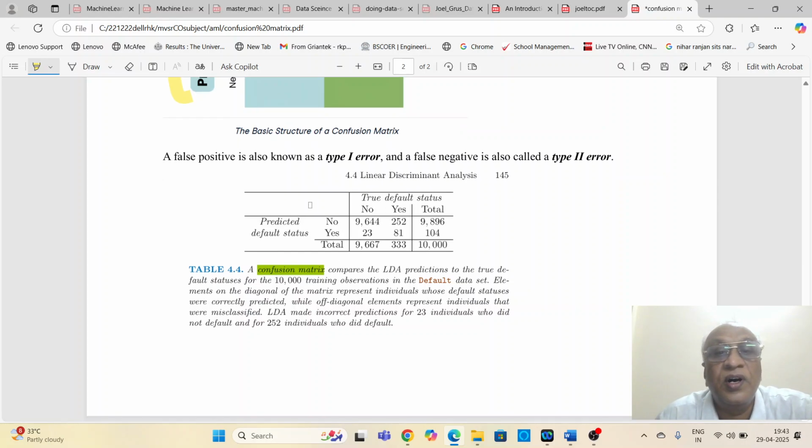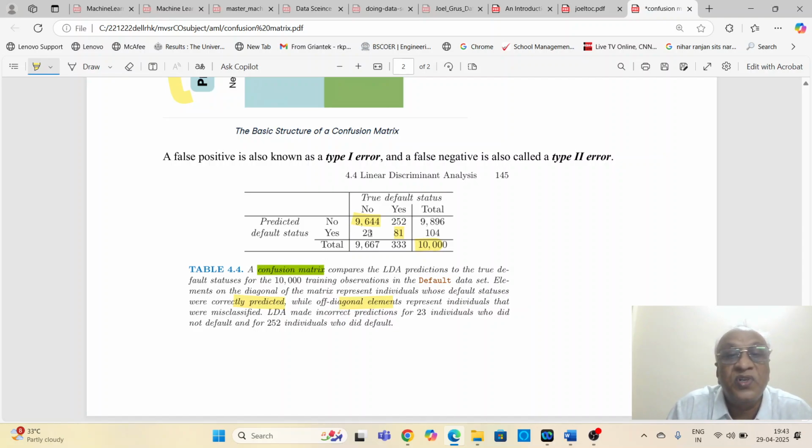You can see here some results and a confusion matrix drawn for the result predictions. Here the diagonal values 9644 and 81 are correctly predicted, while the elements other than the diagonal are incorrectly predicted.